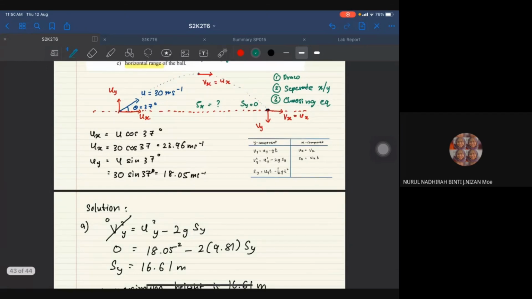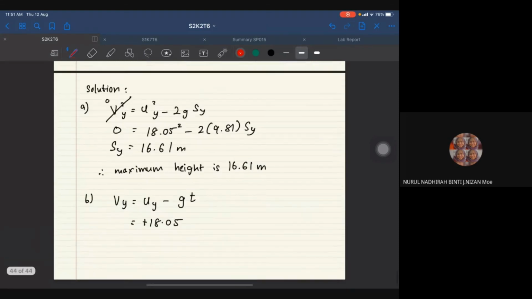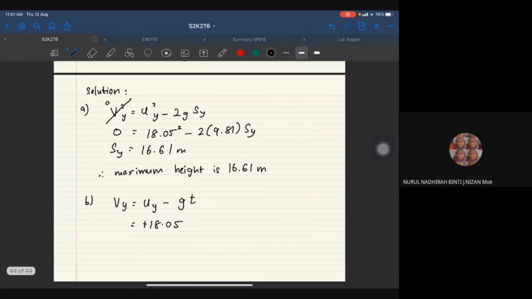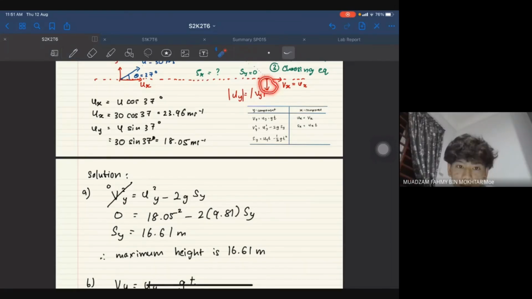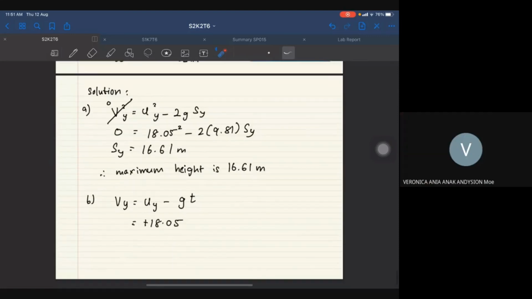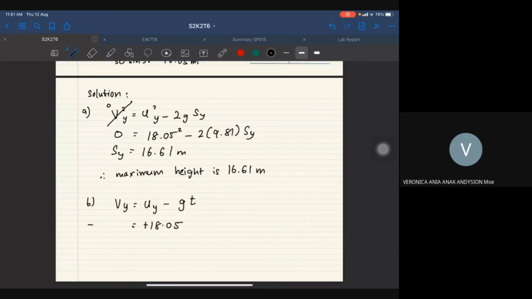Tapi you need to remember that one's for the magnitude. So direction dia ke mana? Ke bawah. So positive ke negatif? Negatif. Okay, so you have to substitute negative 18.05. Understand?